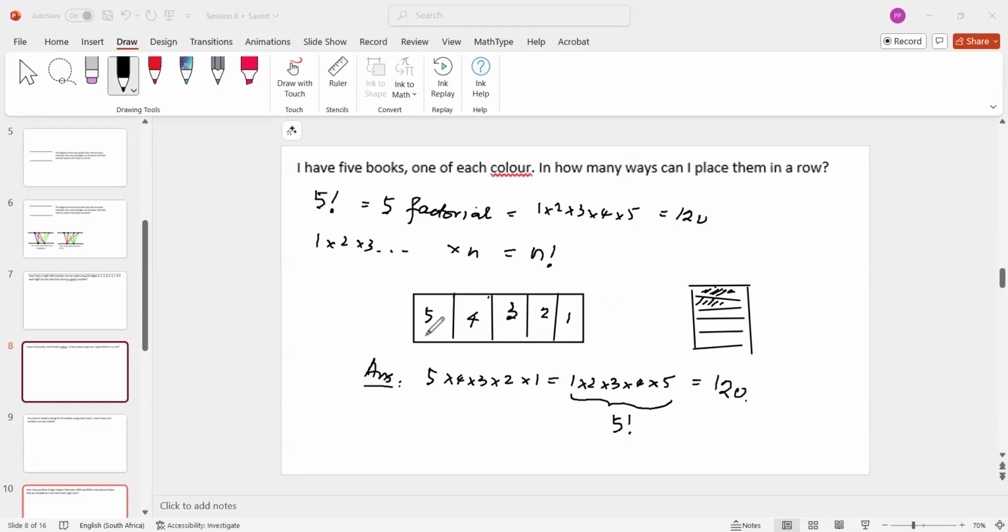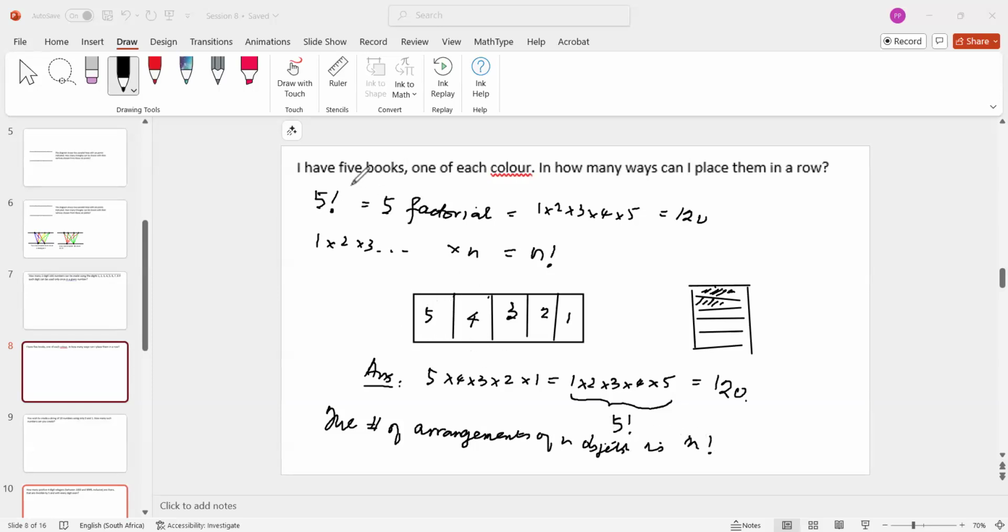Okay, so in this problem here, what we saw is that the number of arrangements of n objects is n factorial.